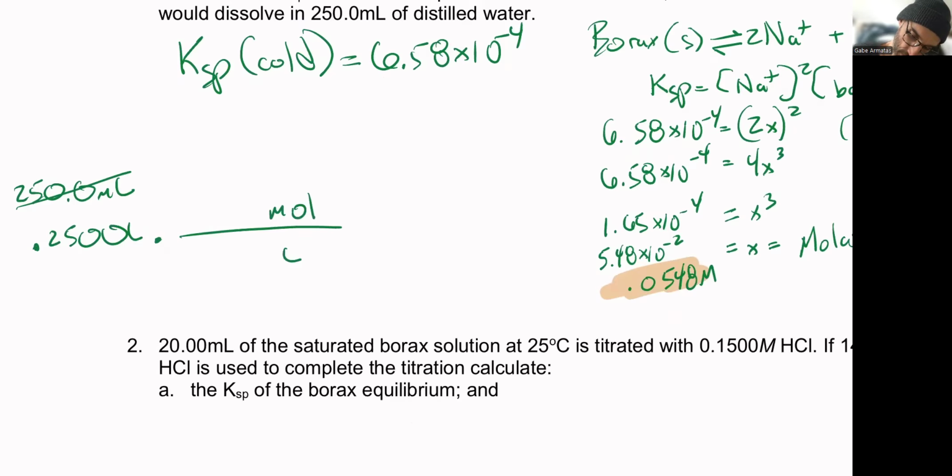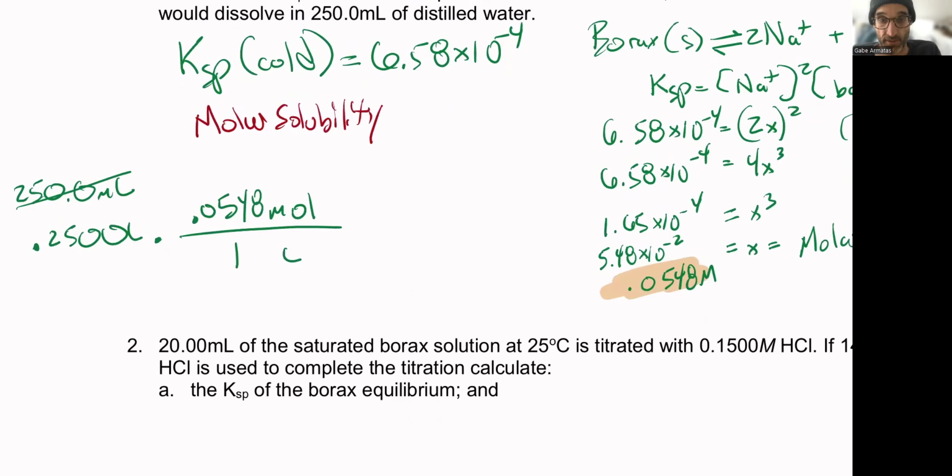This is the concentration of the borax, or the molar solubility, I should say. So 0.0548 moles per 1 liter. Liters cancel. So this is moles of borax that dissolves times a fraction.